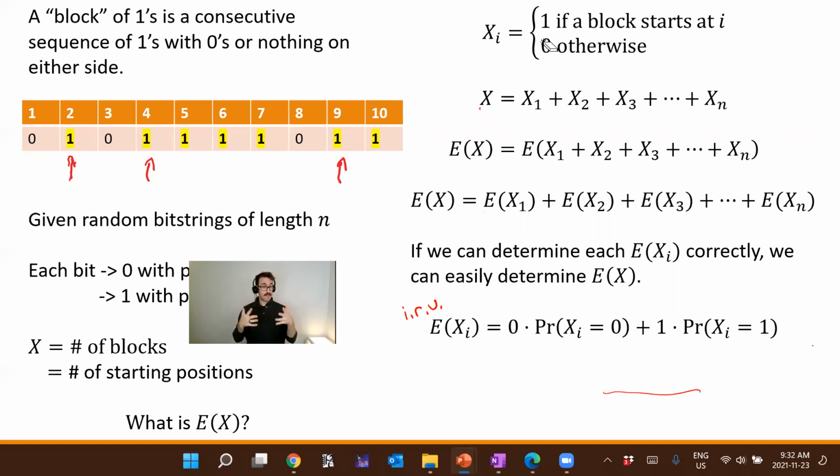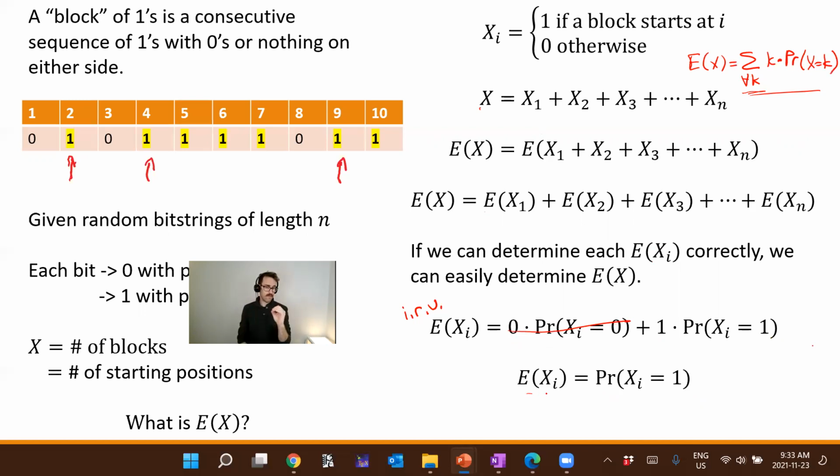So this is our old friend E of x equals the sum for all k of k times the probability x equals k. However, here k is only 0 and 1, so I have my 0 term here and my 1 term here.